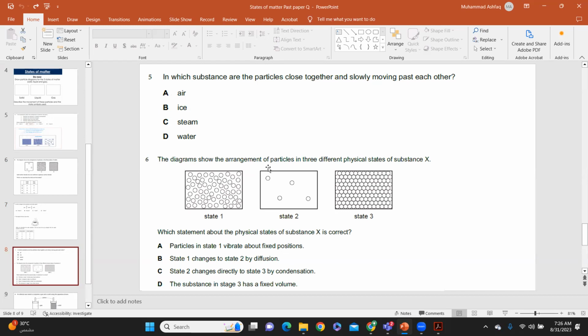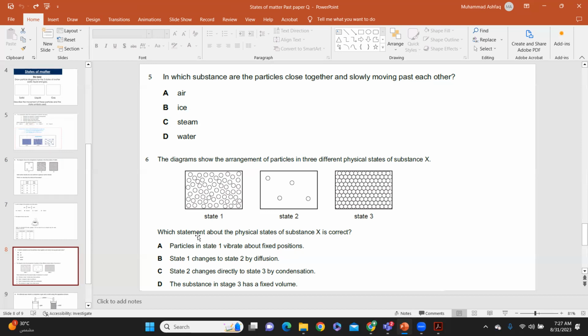The diagram shows different arrangements of particles in three different physical states of substance X. Which statement about the physical states of substance X is correct? Particles in state 1 vibrate about fixed positions.